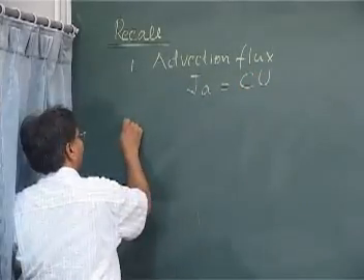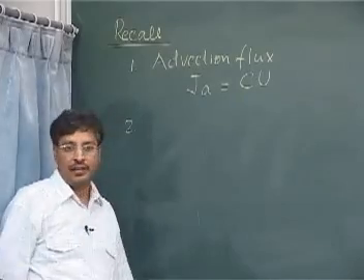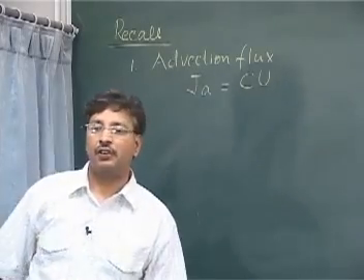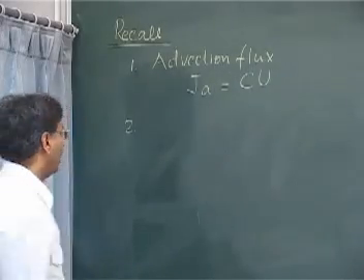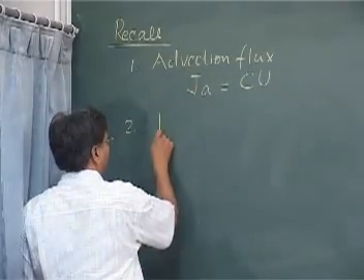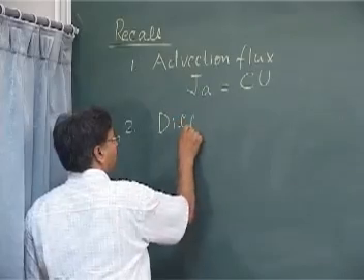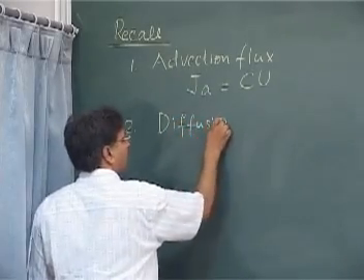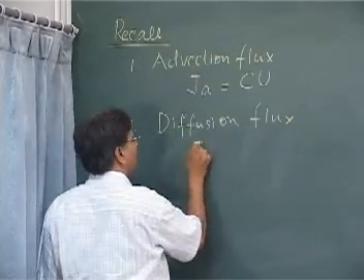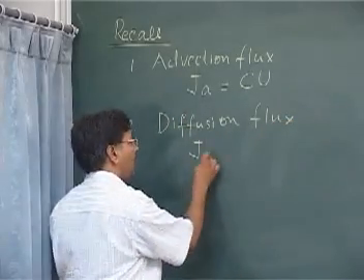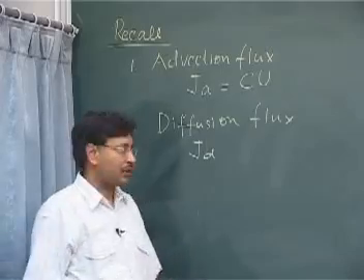There was another kind of flux which we defined because of diffusion, the flux due to diffusion, and that we say J_D.